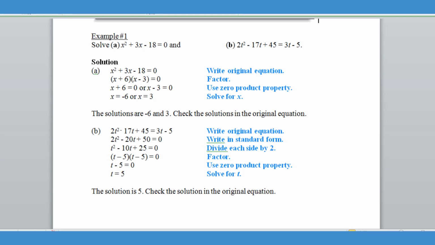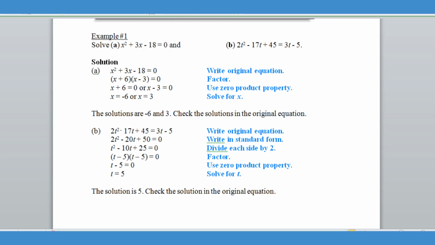Looking at part B, the first thing we have to do is make it equal to 0. In the second step, you may notice they have a common factor. The difference between factoring and solving using factoring is that we can actually divide that common factor out. We do not have to hold on to it like we did when we were just factoring. So we can eliminate the 2 in this case.